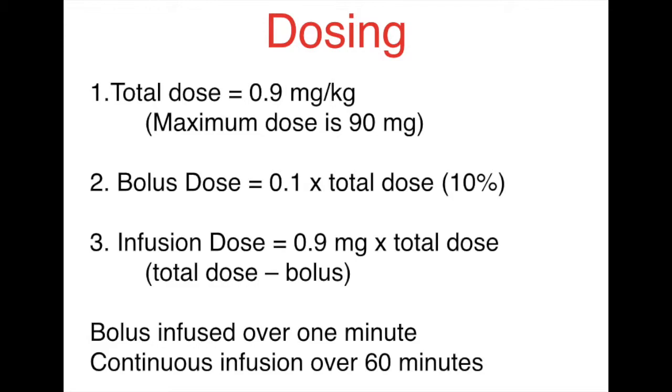So if we have 100 milligrams, you're going to subtract the total dose, and that's how many mLs you're going to take out of the vial. You never want to have more than the total dose that you intend to infuse left in the vial.